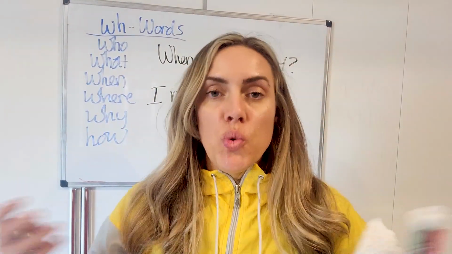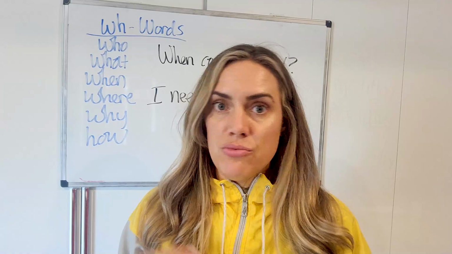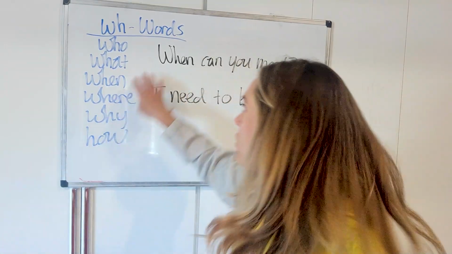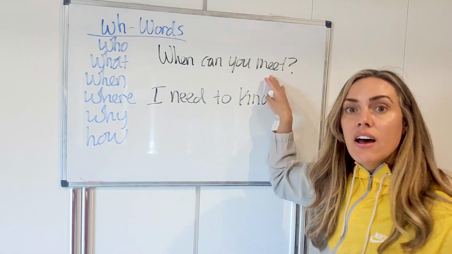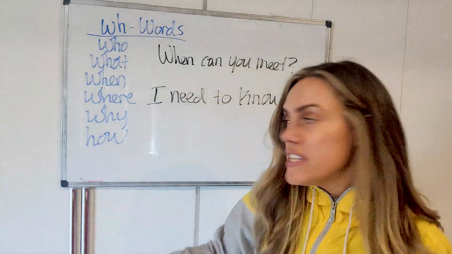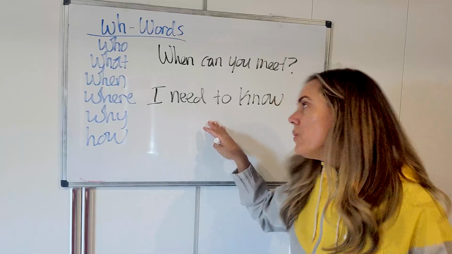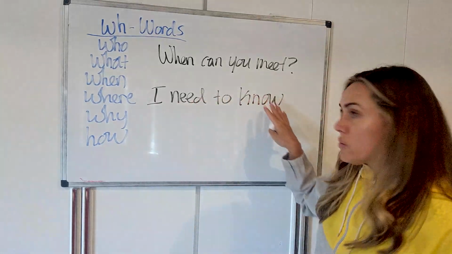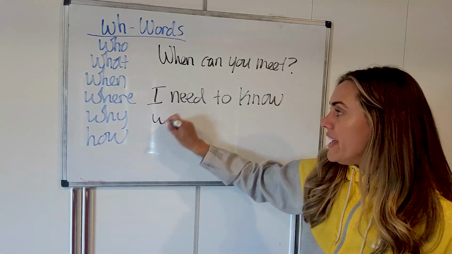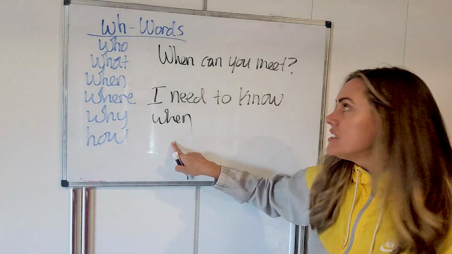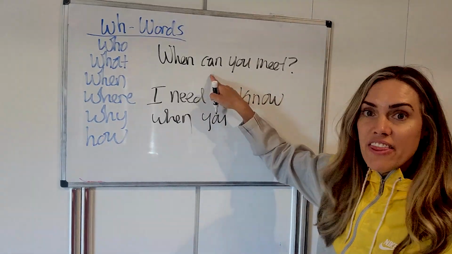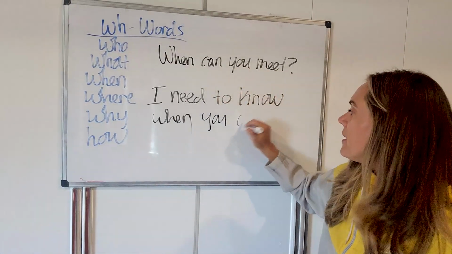Let's look at another example. Okay, here we go. Imagine you want to meet with somebody to do something. So you say, okay, when can you meet? You could also say, I need to know, or I want to know, or I wonder when, question word first, subject, you, then the rest of the verb.